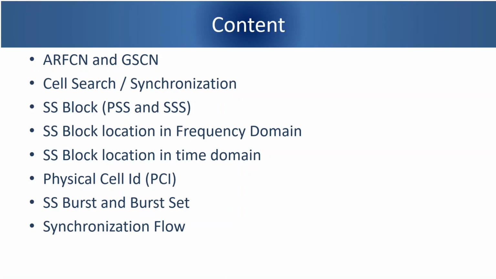Then the concept of SS block, synchronization signal block, that is PSS and SSS, primary synchronization signal and secondary synchronization signal. And then we will look into how a user equipment can locate the SS block in the frequency domain.